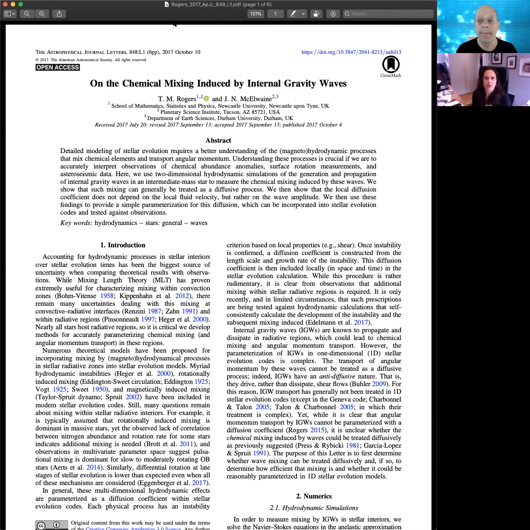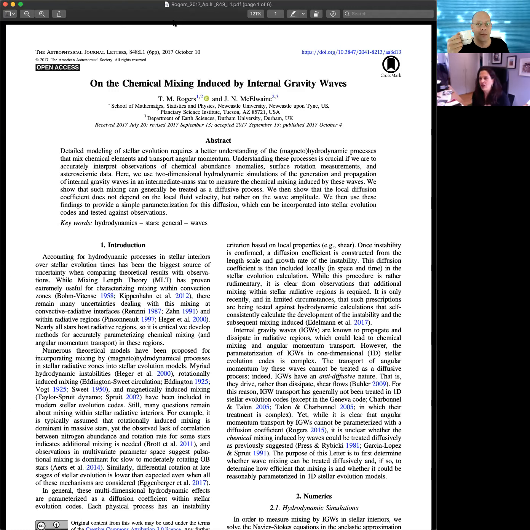as you know, or probably lots of people know, there's a lot of inconsistencies between observations and 1D stellar evolution models. And in particular, there's issues with rotation, rotational evolution, and predictions about what kind of chemical species we should see at surfaces of stars, for example.